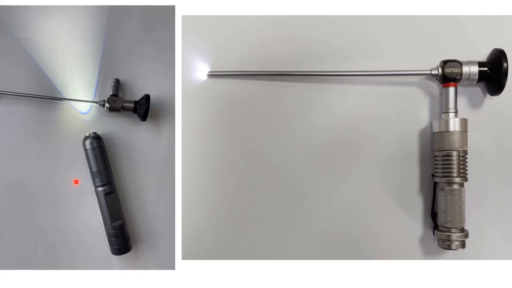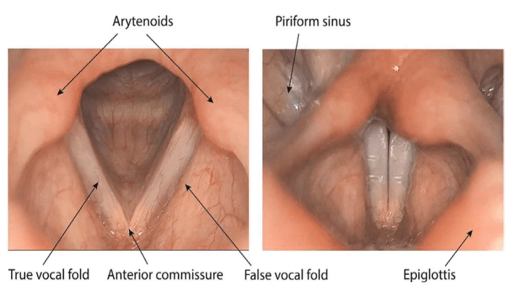You can use either a handheld light source or a big cold light source, which I'll show in the next few pictures. This is a magnified and clearer view with these instruments than indirect laryngoscopy. Here the vocal cords are in abducted position, and this shows complete adduction of the vocal cords.